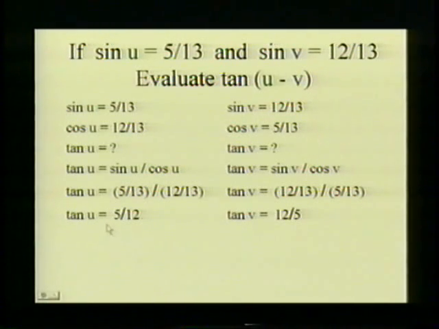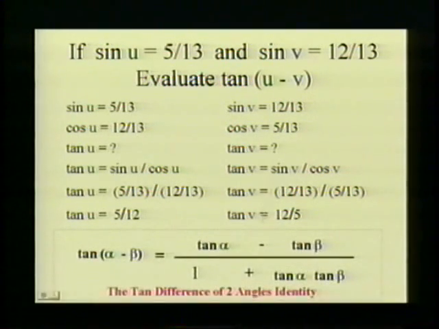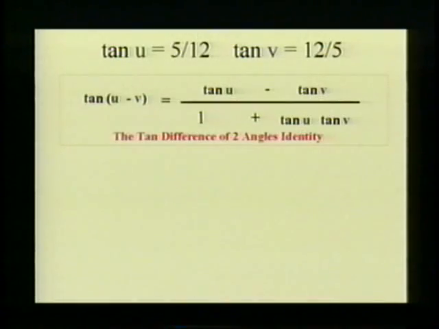So now I know both the tangent of u and the tangent of v, and I can plug them into the formula for the difference of two angles for the tangent, which is this. All we need to know is the tangent of the two angles. Let's do it.